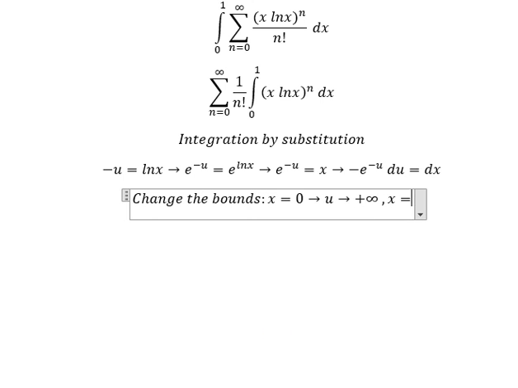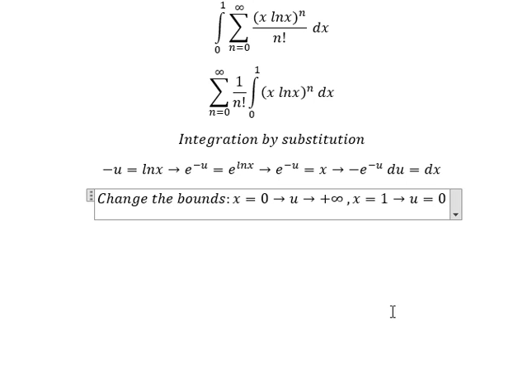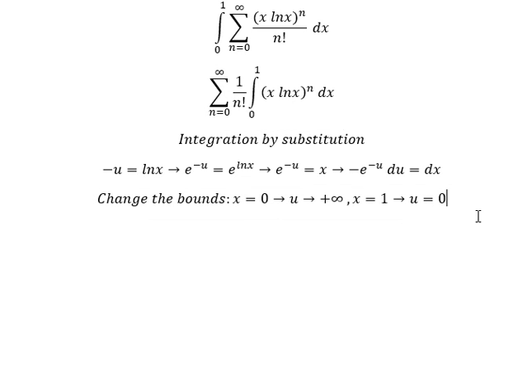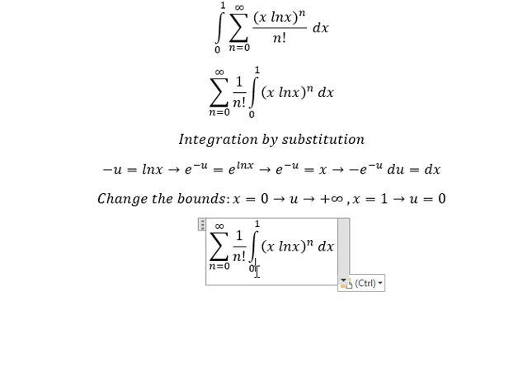When s equals number 1, so we put number 1 in here, and we can find the value of u equals number 0. So number 0 we change by positive infinity, and number 1 we change by number 0.